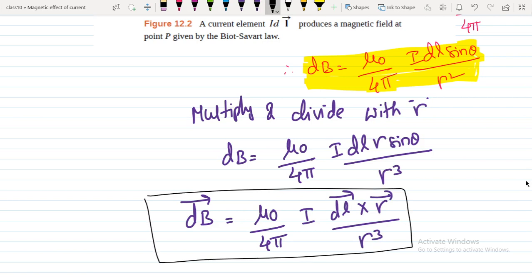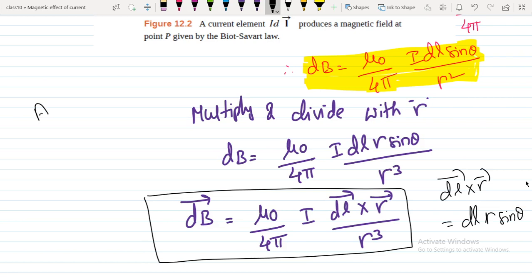Here r bar and dl are both vectors, and their cross product becomes dl bar cross r bar, which equals dl r sine theta. That is the cross product of two vectors.